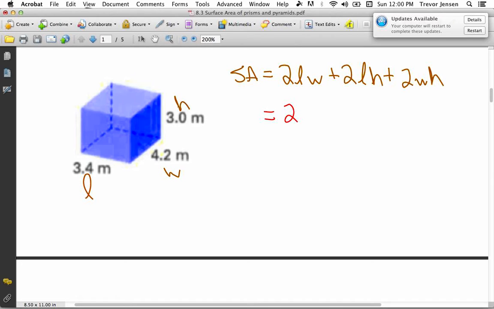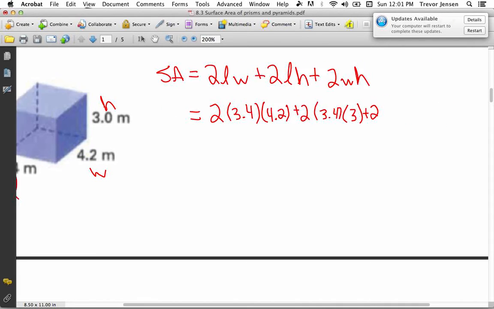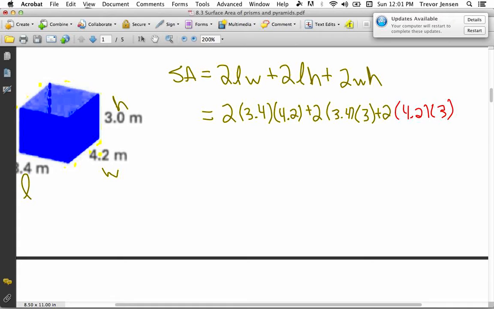2 times L times W, so 2 times 3.4 times 4.2, plus 2 times L, 3.4 again, times H, which is 3.0, plus 2 times W times H, so 2 times 4.2 times 3. Now, let's do each of the products first.